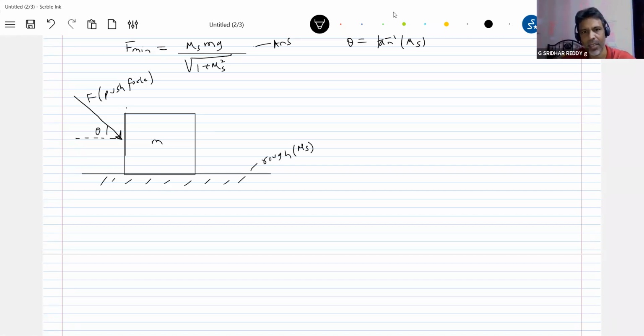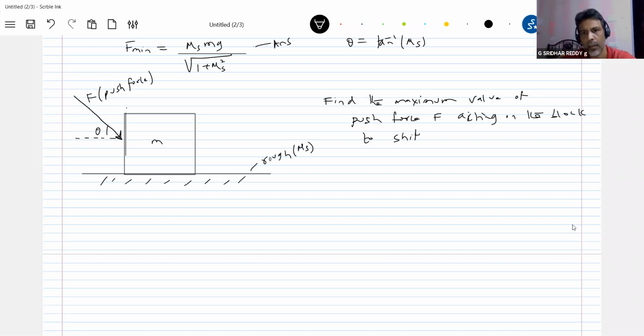So let me put it: find the maximum value of push force F acting on the block at an angle theta with horizontal, to shift the block.